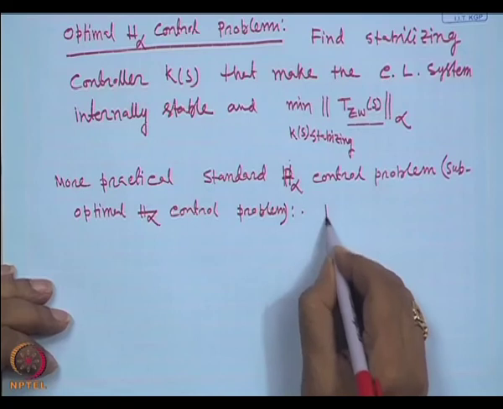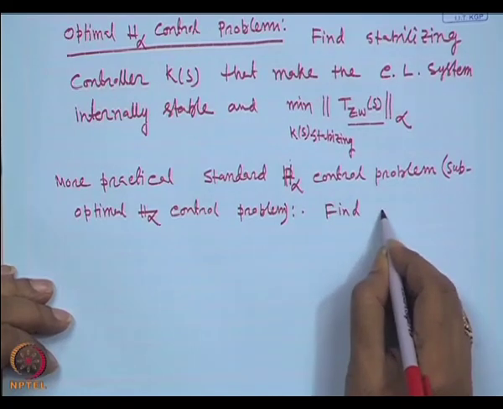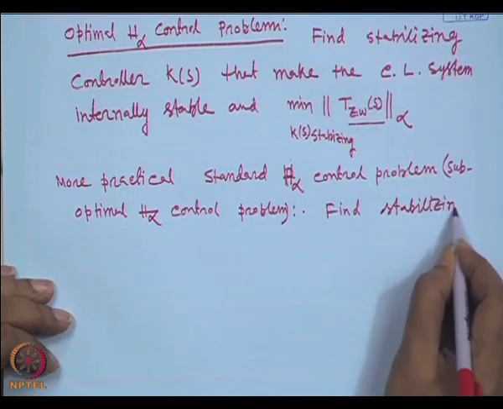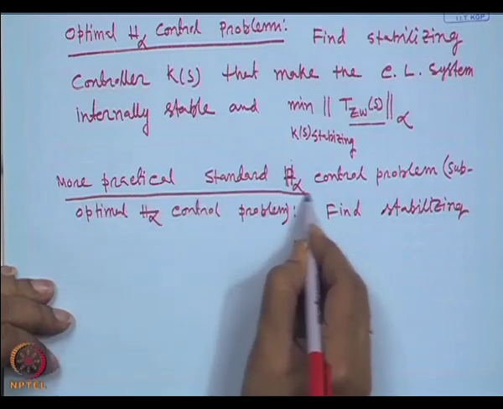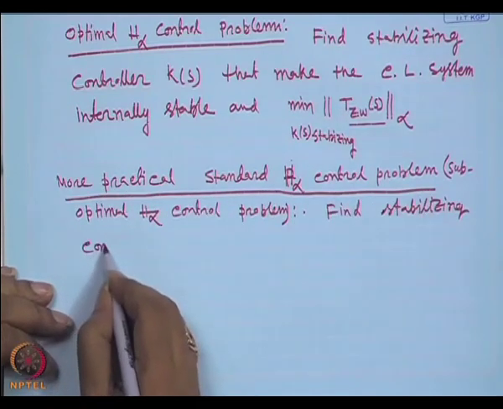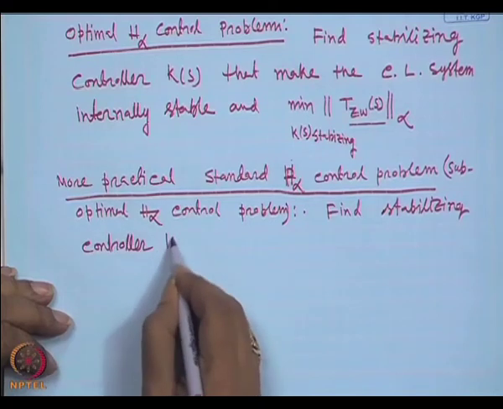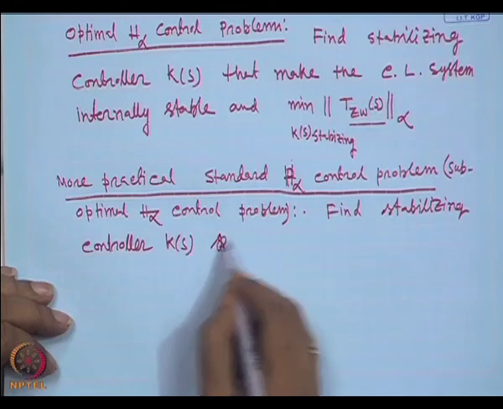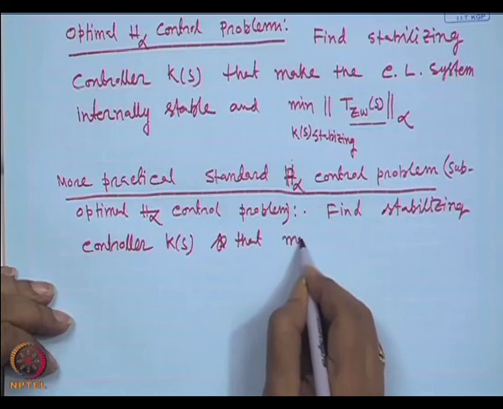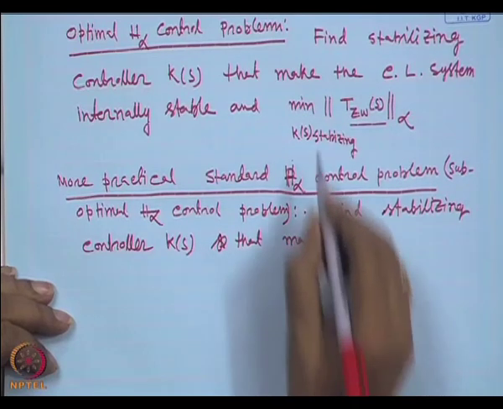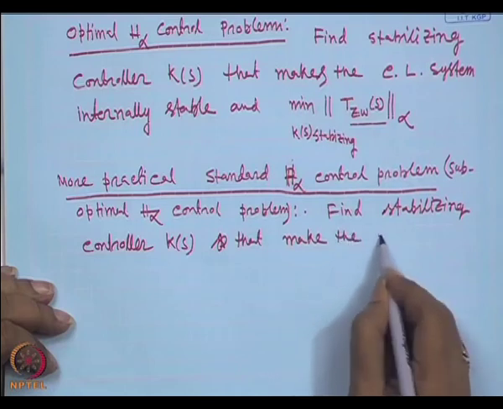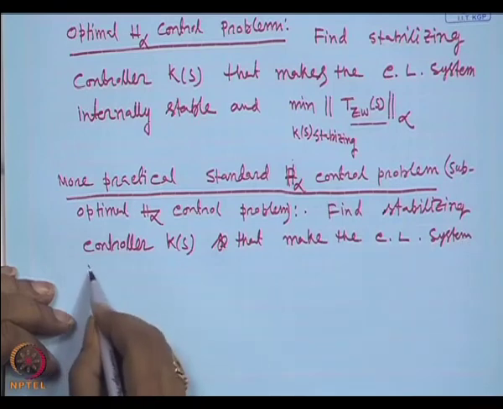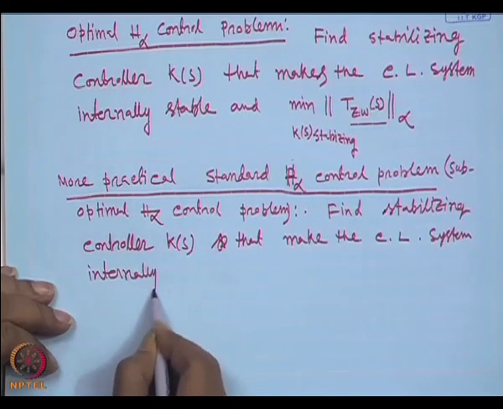What is this? Again, find a stabilizing controller K of S that makes the closed loop system internally stable.